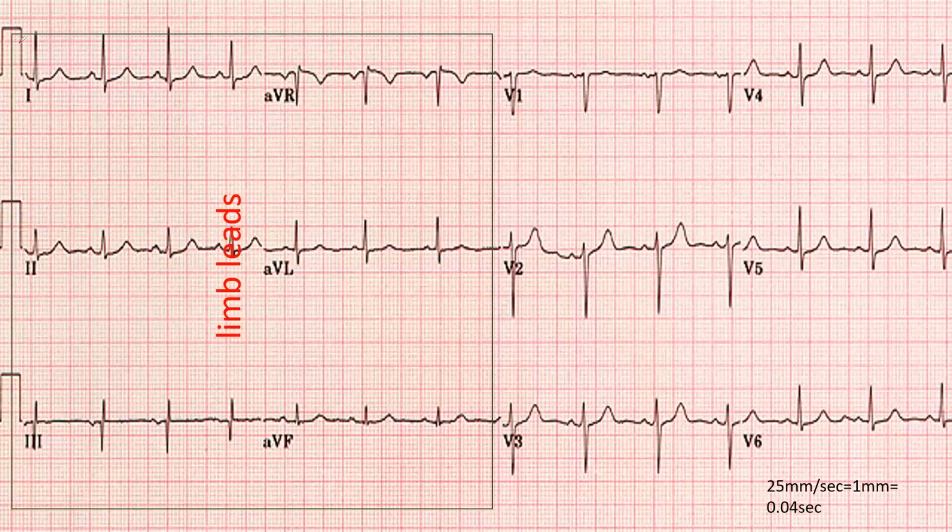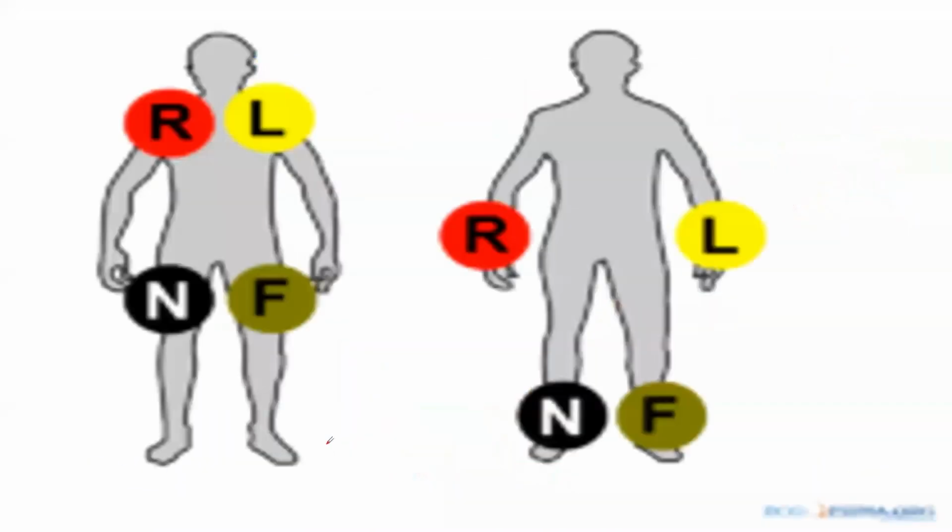Now, we have lead 1, lead 2, lead 3, which are called limb leads. We have also the chest leads right here. We have also the augmented or artificial leads. R will be for the right arm, L for the left arm, and F for foot.